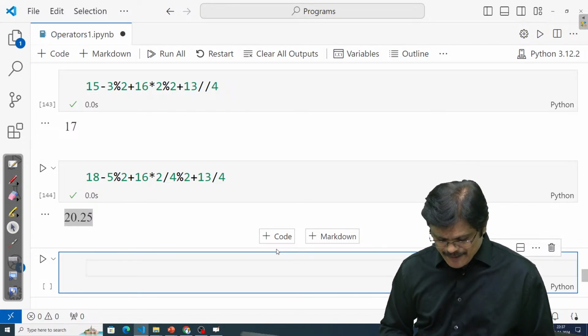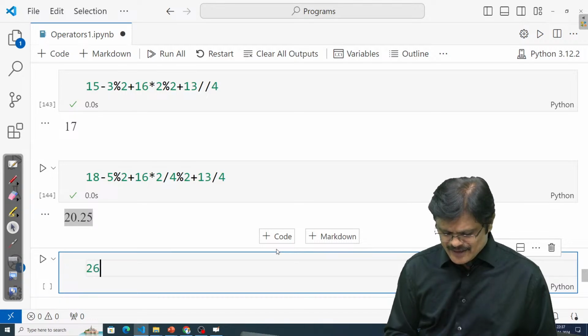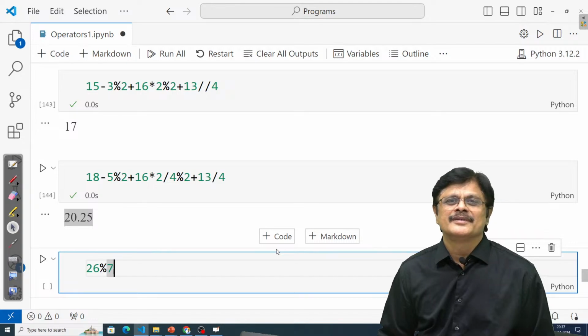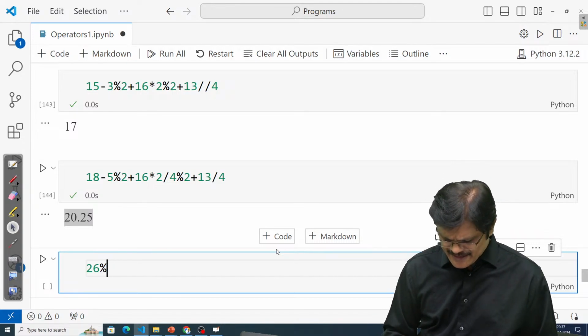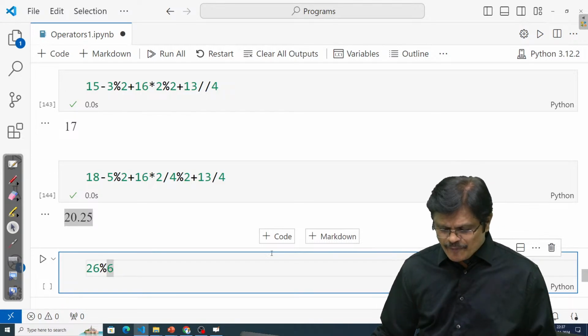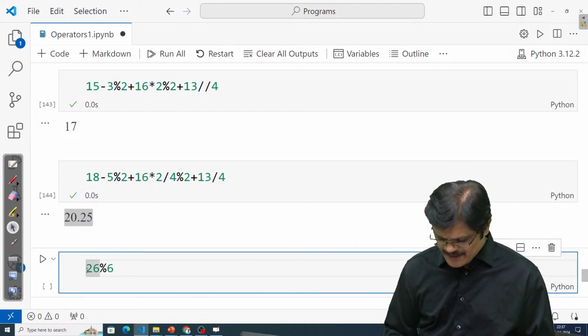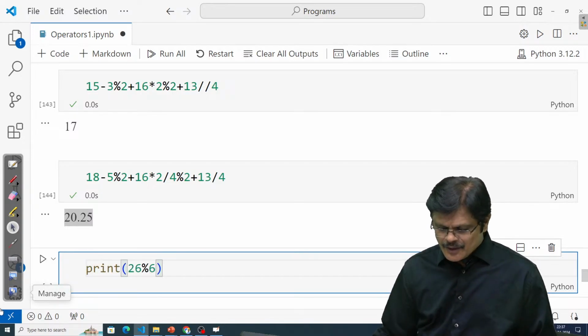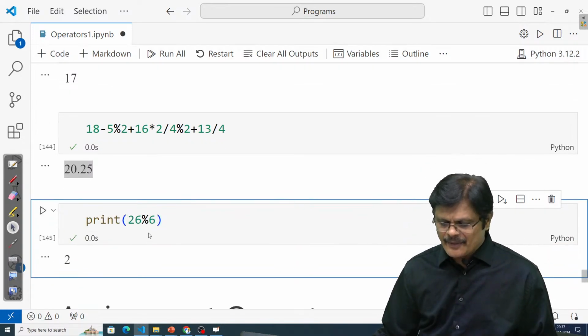For example, 26 modulus 6: 6 fours are 24, so 2 is the remainder. For this the answer is 2.